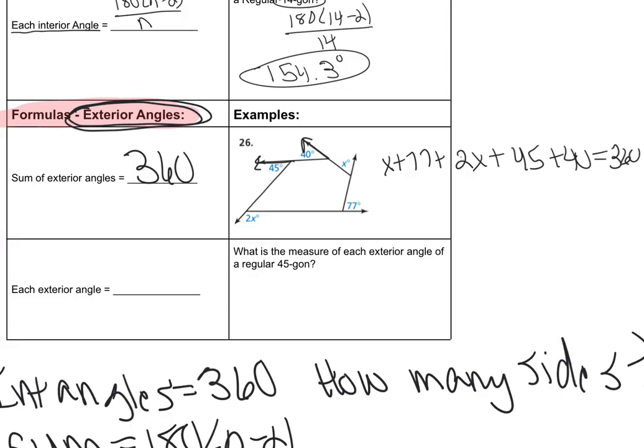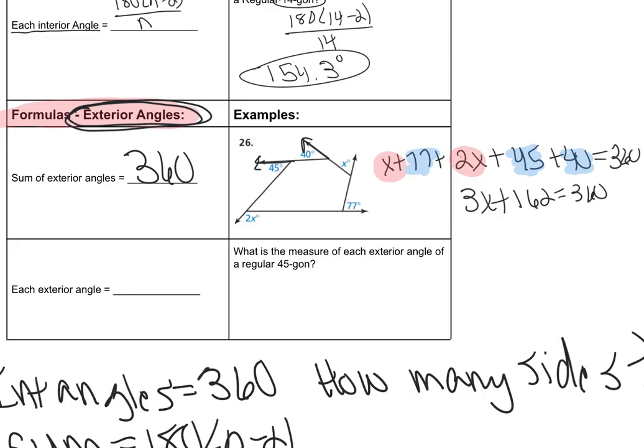And we are going to combine our like terms. We've got an x here and a 2x here, and then we also have 77, 45, and 40 that we need to add together. So we would have 3x, and if we add 77, 45, and 40, we get 162, so 3x plus 162 equals 360.